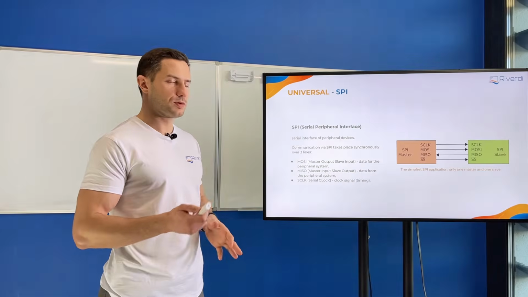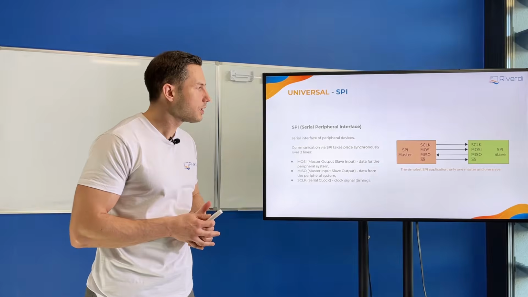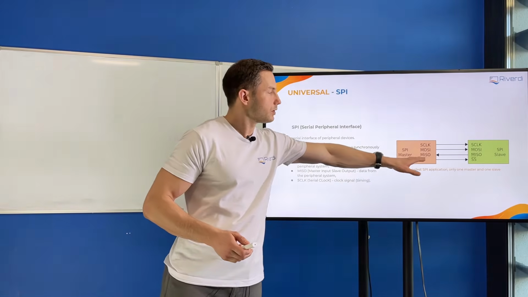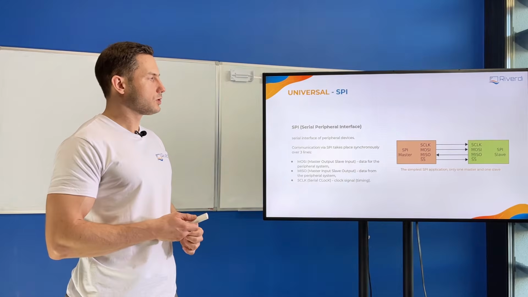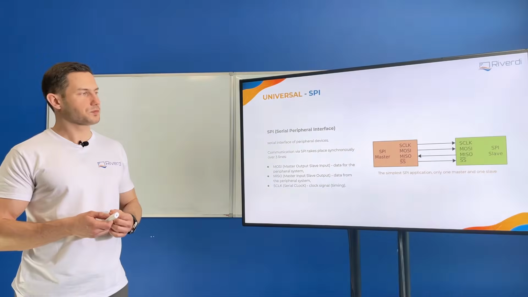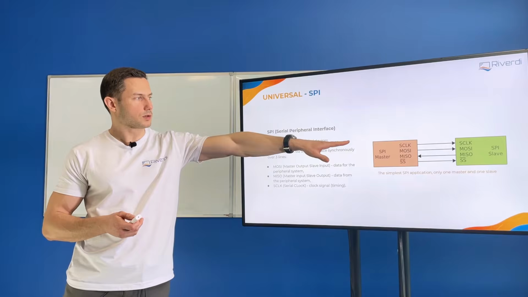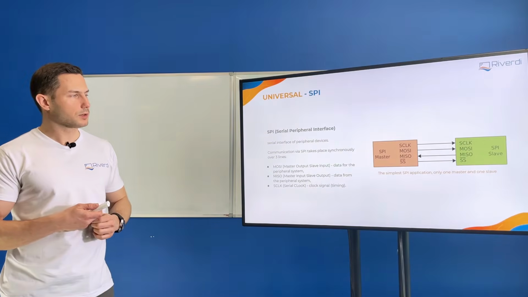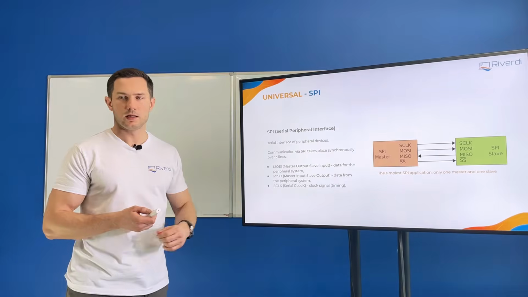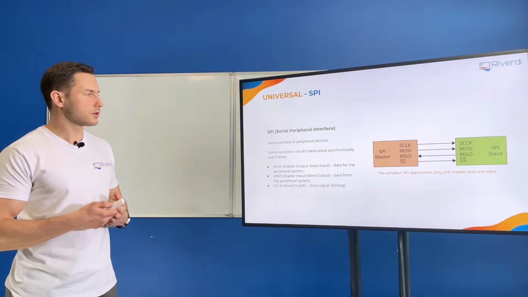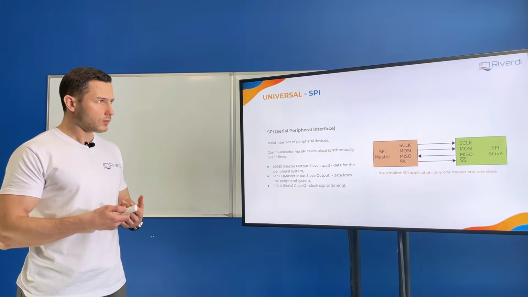One host can communicate with many slaves. To select the slave, we use the chip select or SS line, and then we use two data lines, master output and master input, and of course the clock to synchronize the data, because this is a clock synchronized interface.